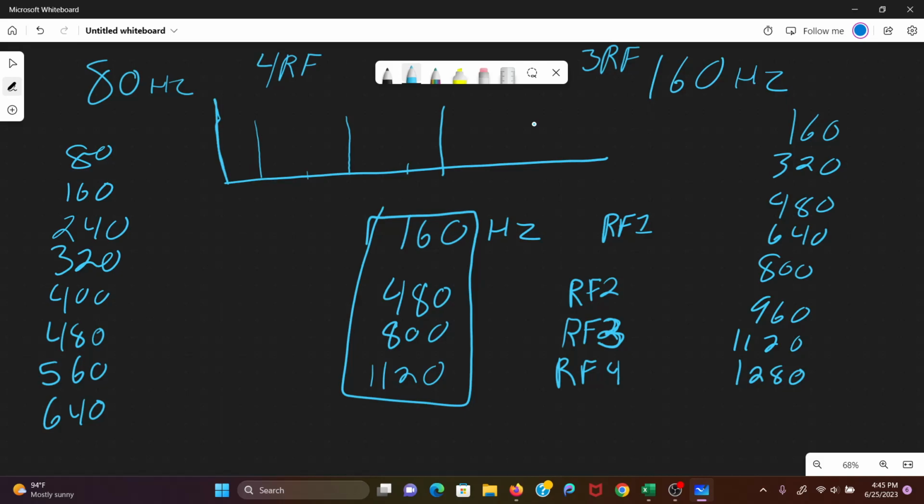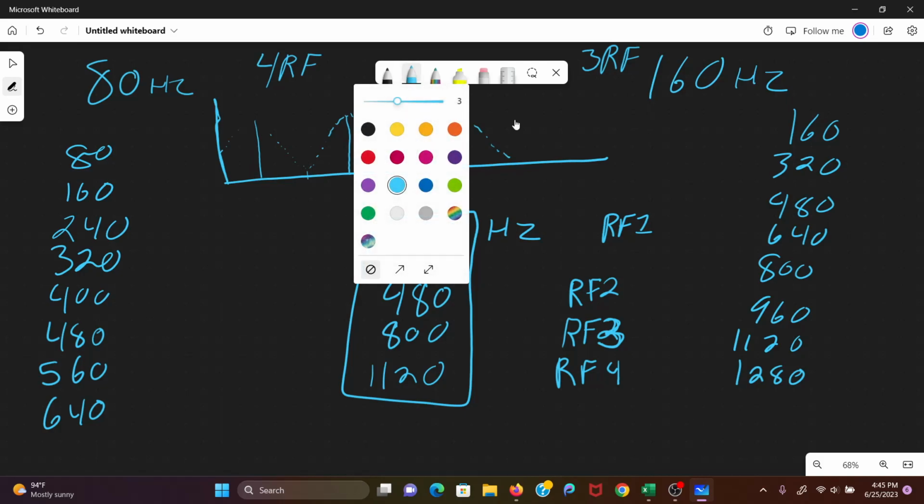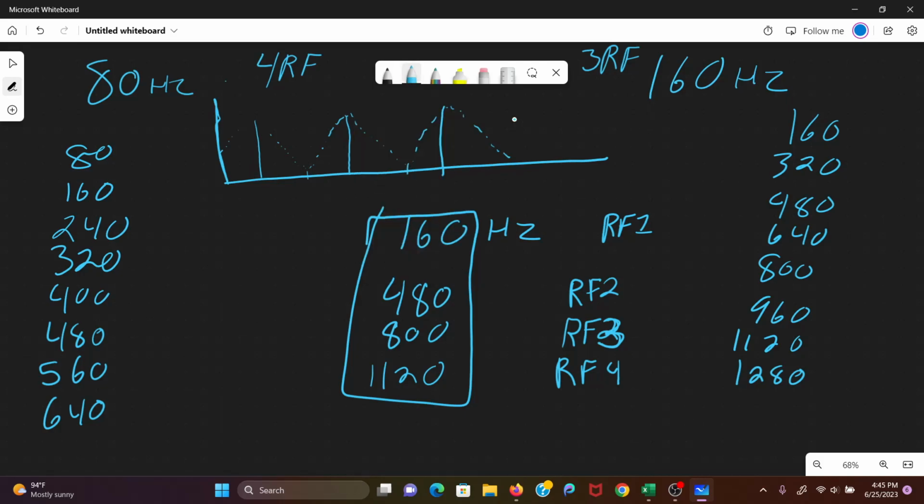There we go. There's our filter. It's provided by the tube. And then we're just going to plop in the frequencies from the 80 hertz.